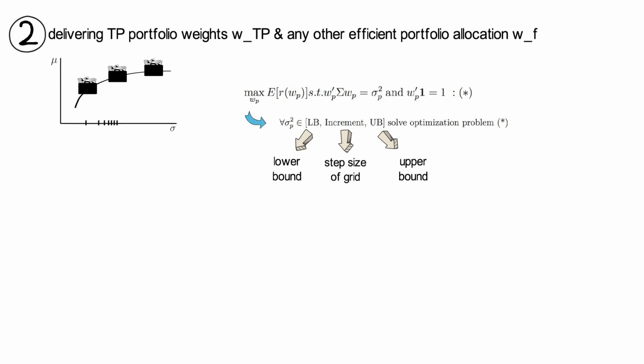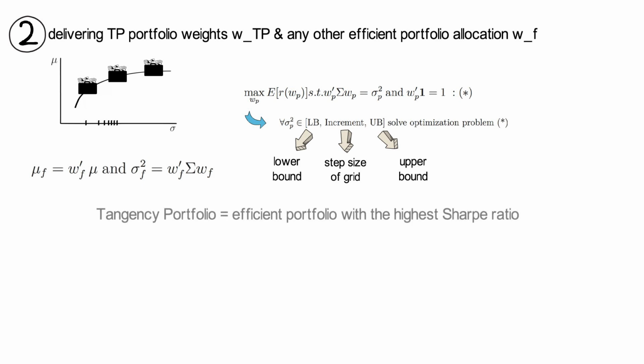In order to plot the efficient frontier, you have to record their respective expected return, μf, and their respective variance, sigma square f. Now you're going to find the tangency portfolio as the efficient portfolio with the highest Sharpe ratio.